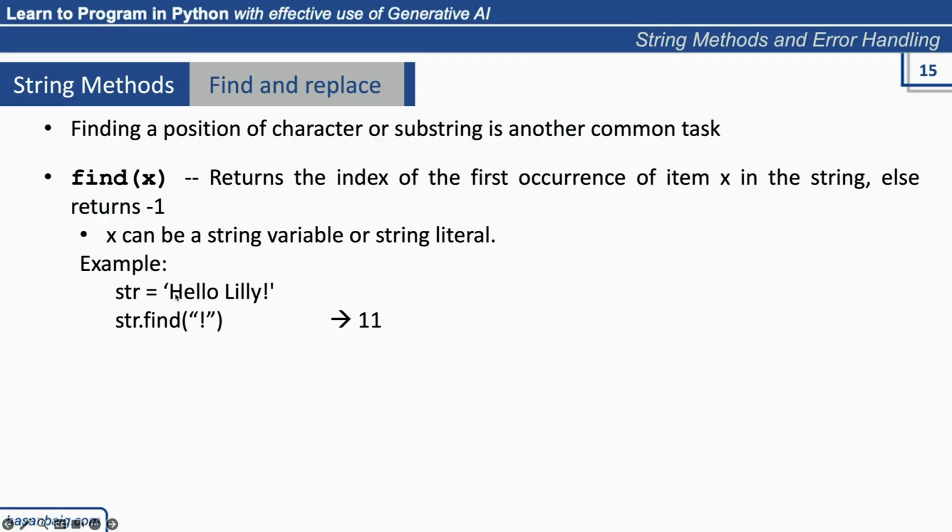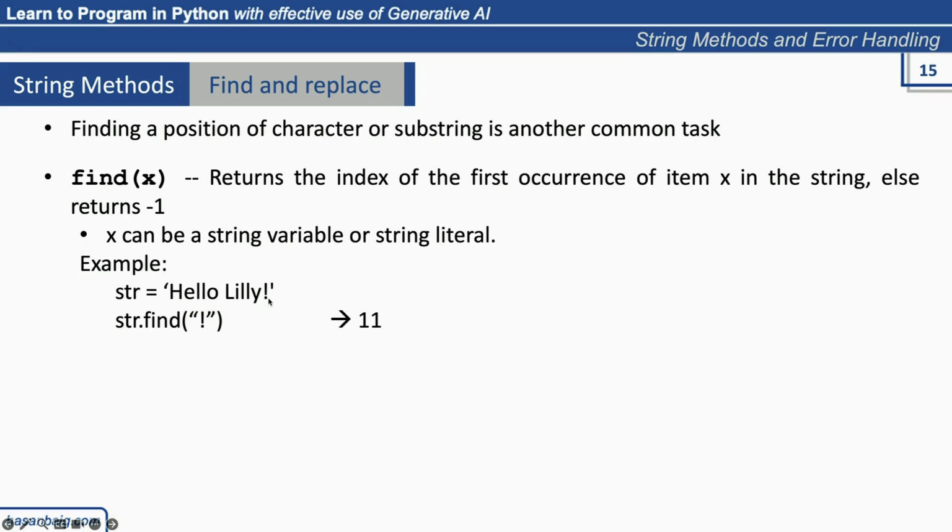You can see it starting from 0, 1, 2, 3, 4. The space is also an index value. So index 5 is where the space is placed, then uppercase L is 6, 7, 8, 9, 10, and the exclamation mark is index 11.